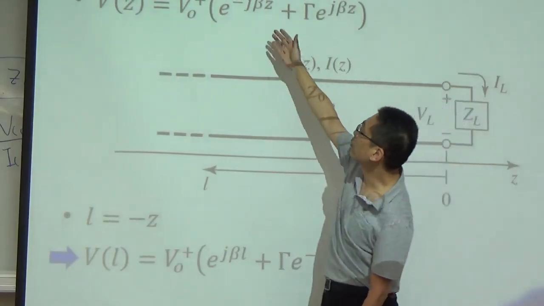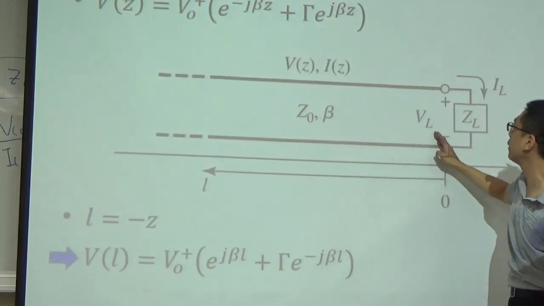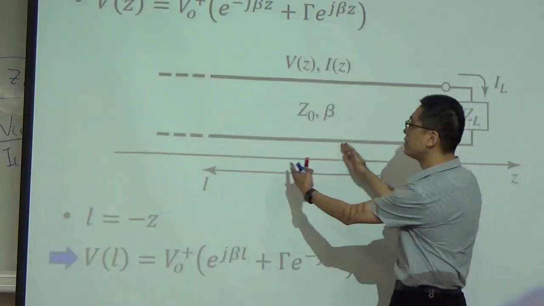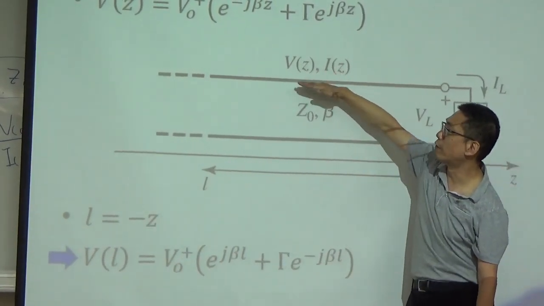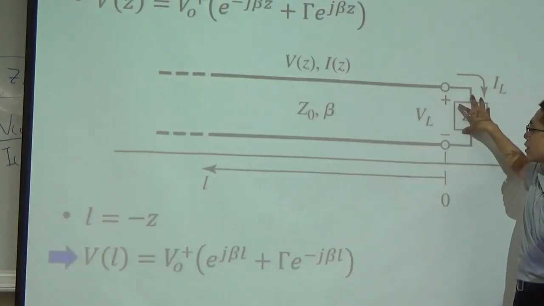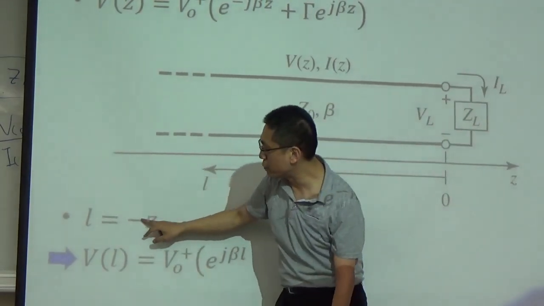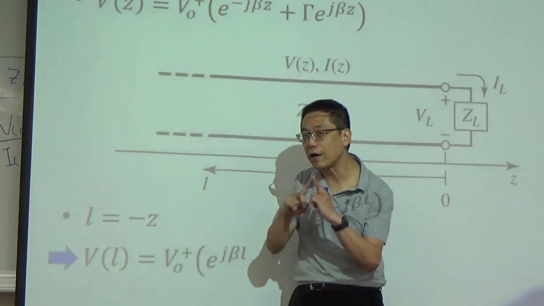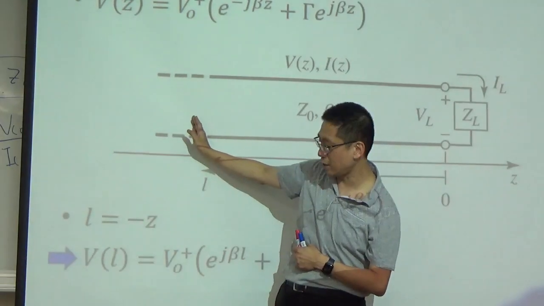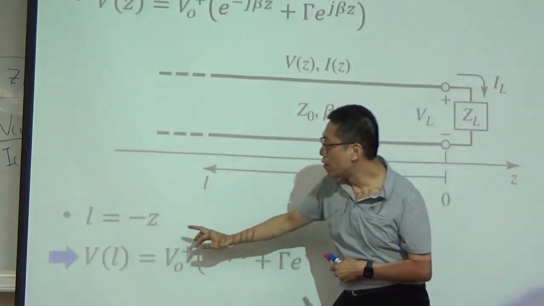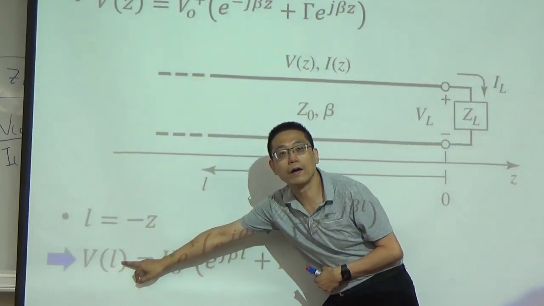You know the total voltage you can write down in this form, and you have a transmission line with length L, characteristic impedance Z0 and beta. You have a voltage and current on it connected to some load, right? You define L equals minus Z, because L is the physical length and Z is the position. So here is a minus Z. You can transfer the voltage function to L, right?